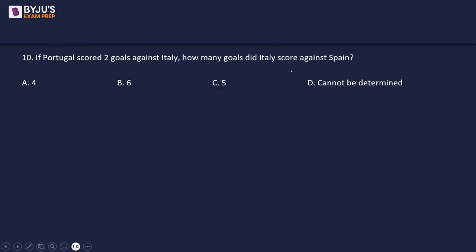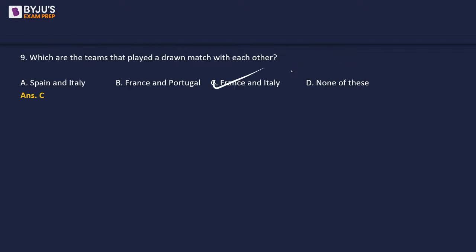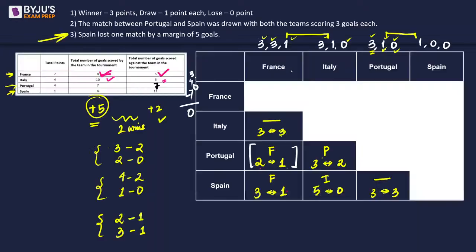Okay. Next, if Portugal scores 2 goals against Italy, Portugal और Italy के बीच में, instead of 3-2, what if this is 2? If this is going to be 2, तो इधर 1.